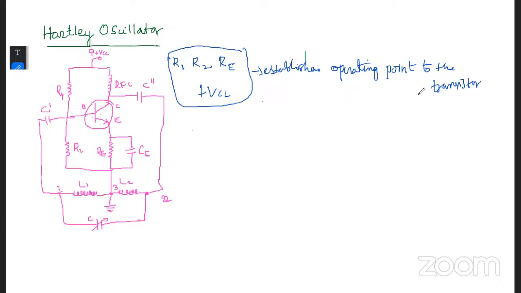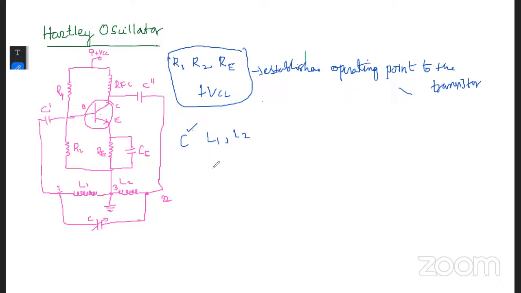After establishing the operating point of the transistor, the frequency determining network is made up of the variable capacitor C and the inductors L1 and L2.